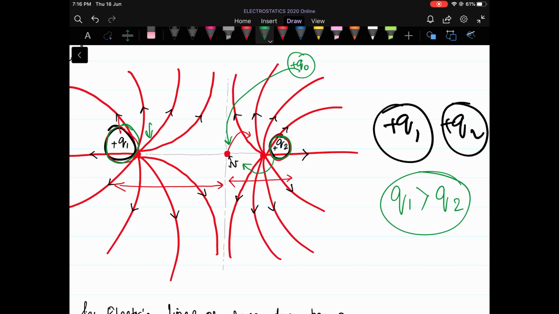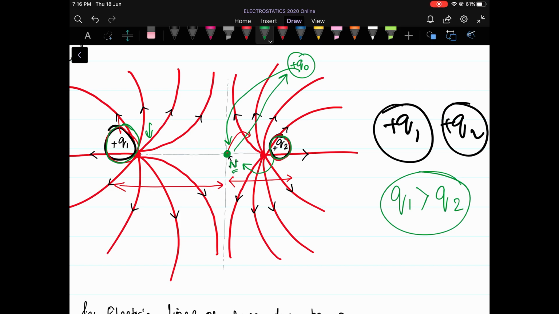So there's a chance that the force due to the first charge can become equal to the force due to the second charge. Hence, such a point will represent where the total force on the test charge will be 0. Hence, there will be again no path for the test charge. So this point is what is known as the nodal point.